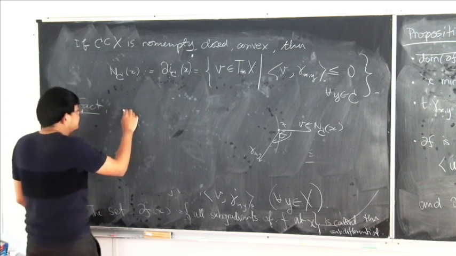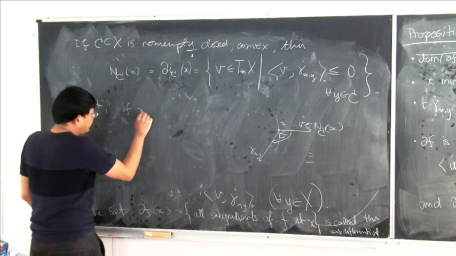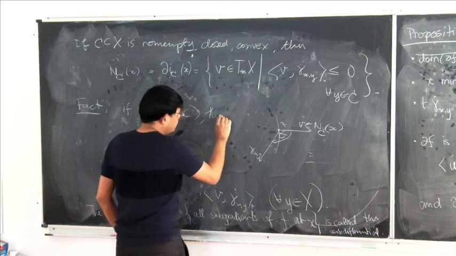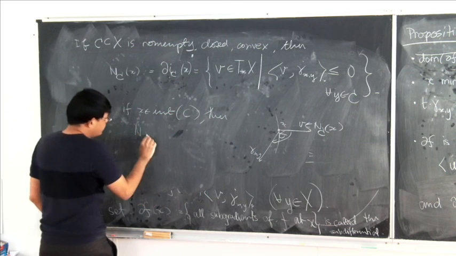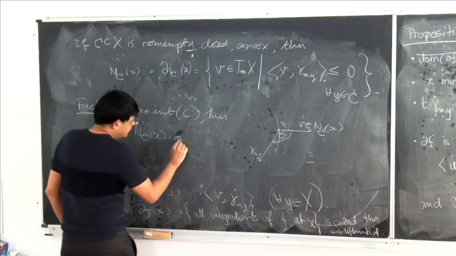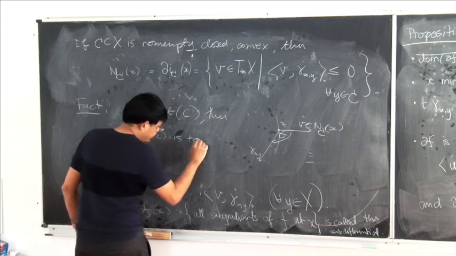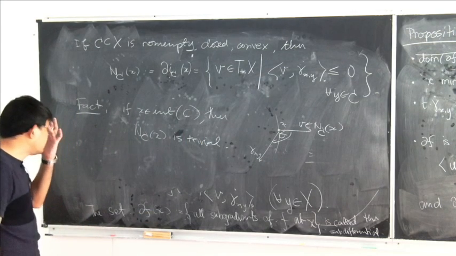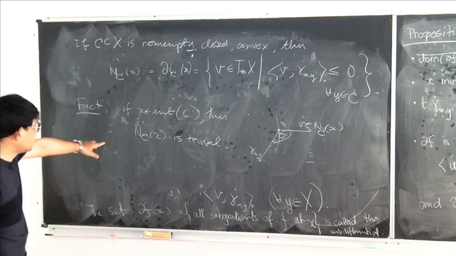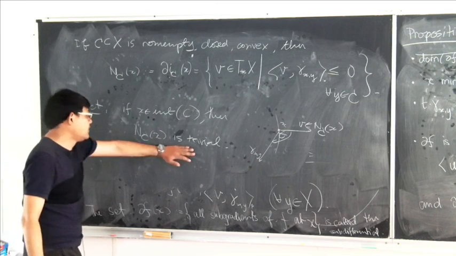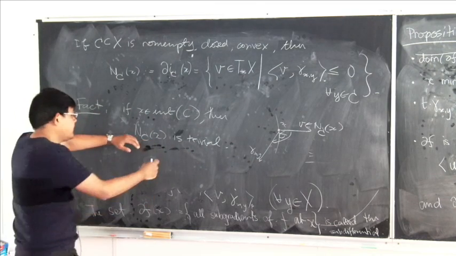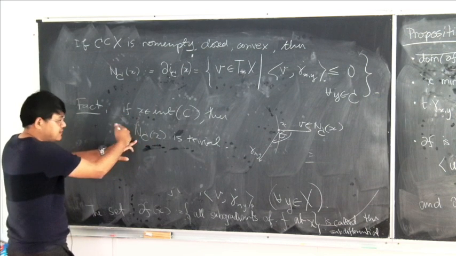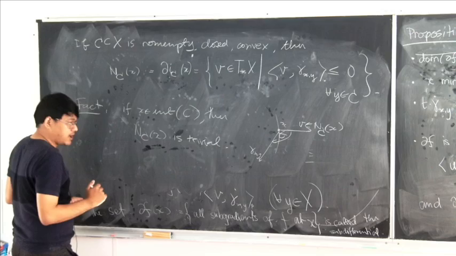So the first one is that if x is in the interior of C, then the normal cone at that point is trivial. It's not so difficult to prove. If x is an interior point, the normal cone is trivial, meaning the only vector inside this cone is 0_x.